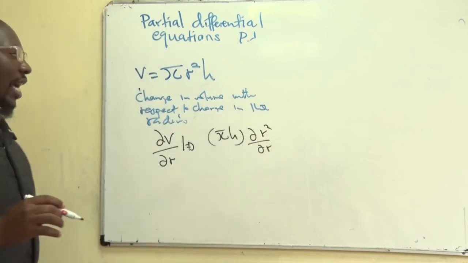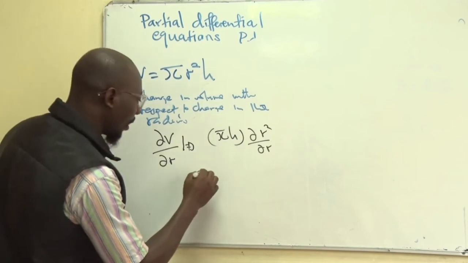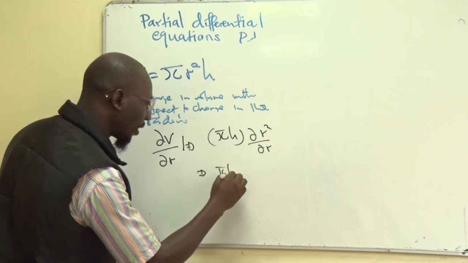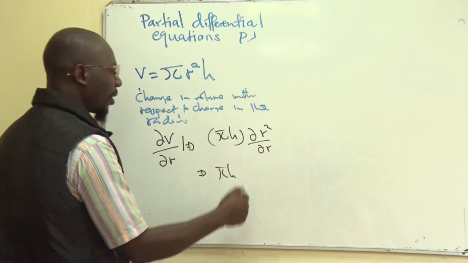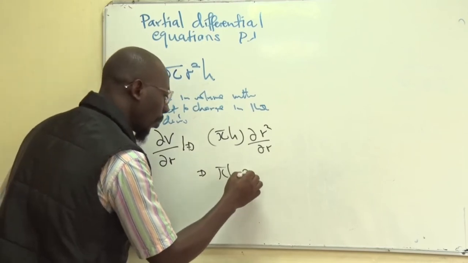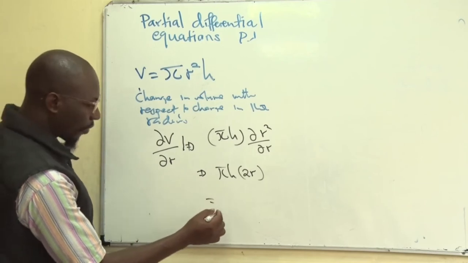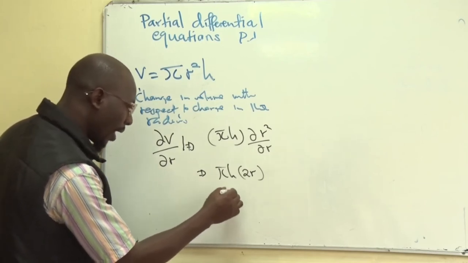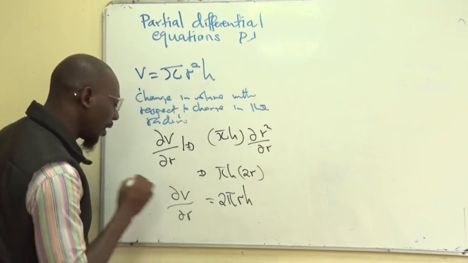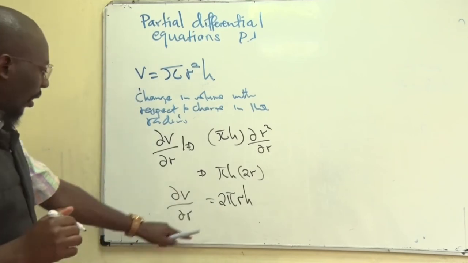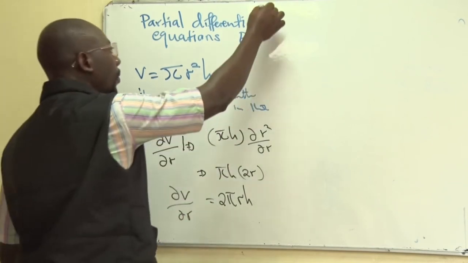If you differentiate r squared with respect to r, you'll get 2r. So that is our derivative. We can write it formally as 2 pi r h as the change in V with respect to change in r.